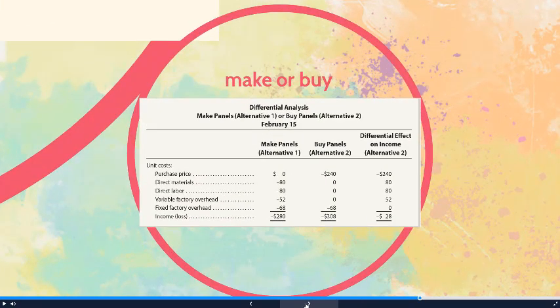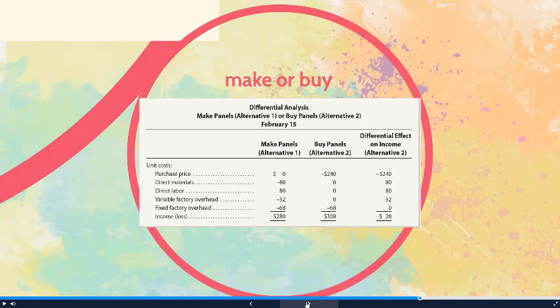When we analyze the unit cost between making a product and buying a product, there's one piece that sticks out, and that's that fixed factory overhead. Remember, that fixed factory overhead we have to pay whether we make these panels or buy them. So therefore, that cost is going to get paid.